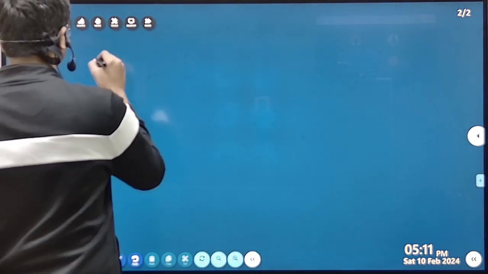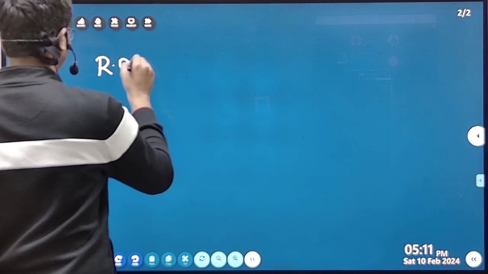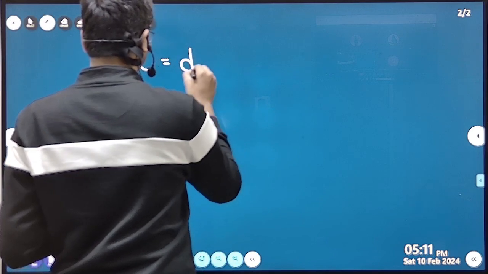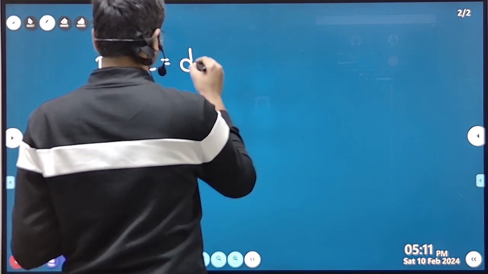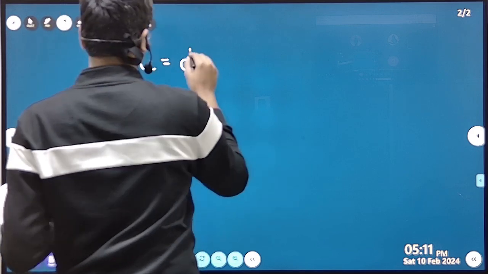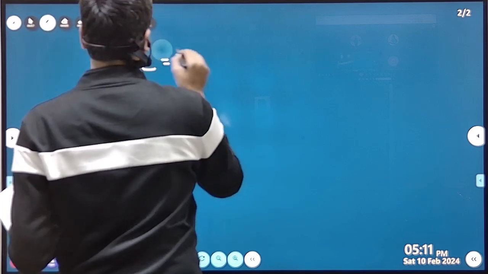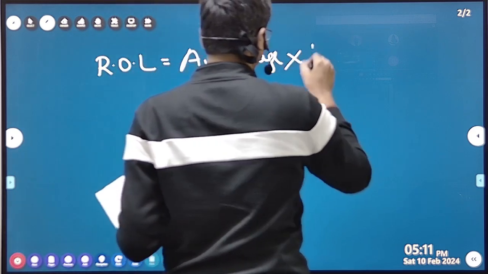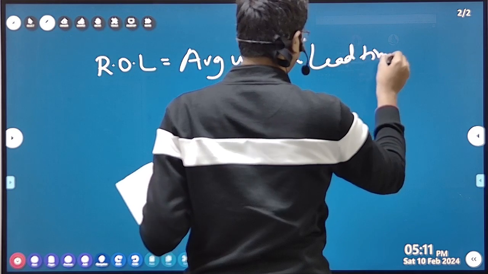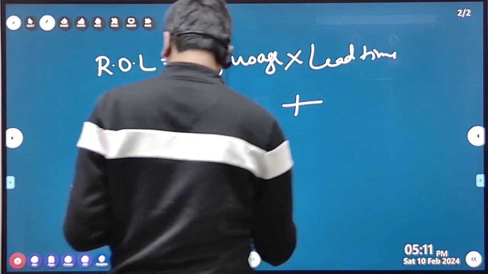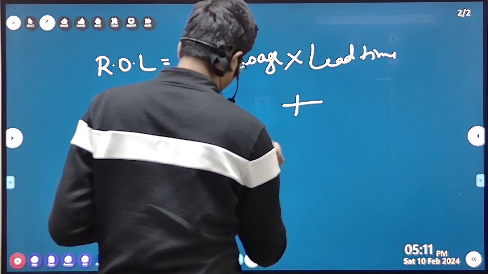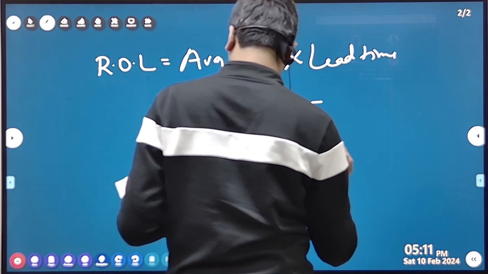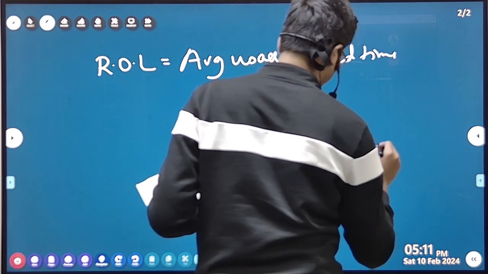The formula is reorder level equals average usage into lead time, plus Z into root of L into standard deviation.